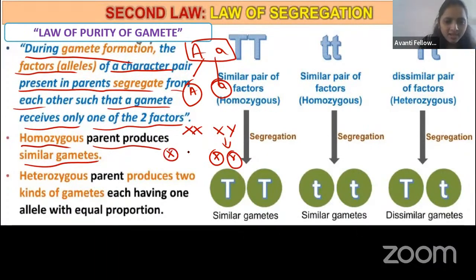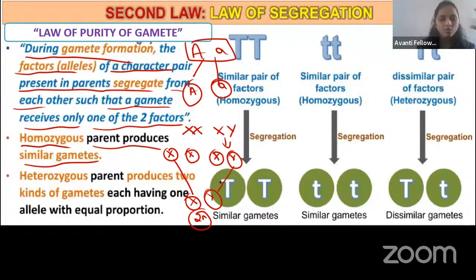Here X and X, they are segregated. And during the fertilization, what happened? The gamete having the X was fused with another gamete having the Y. Fertilization will happen. Now again the diploid stage was restored. Right, guys? So this is what we call the law of segregation.